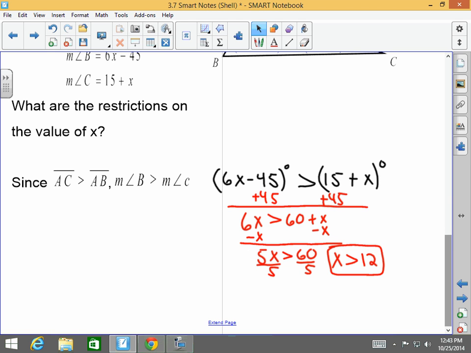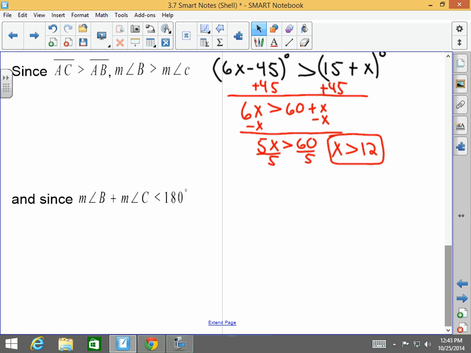And since the measure of angle B plus the measure of angle C is less than 180 degrees, we can also figure the following.